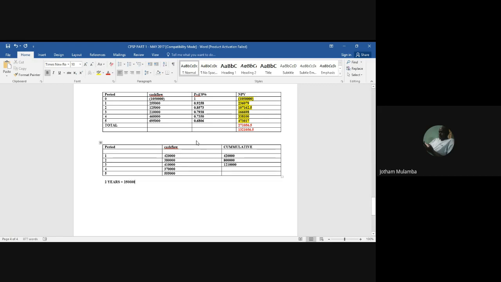We divide that 250,000 by the money we are going to get in year 3, which is 410,000, then multiply by the number of months in a year, which is 12.